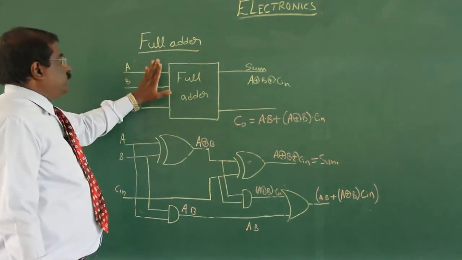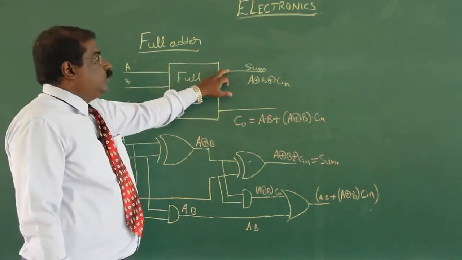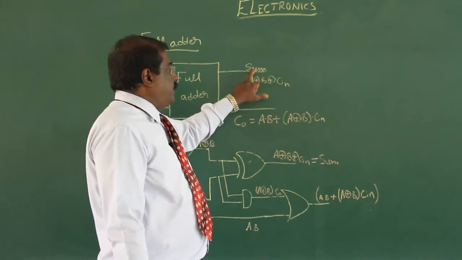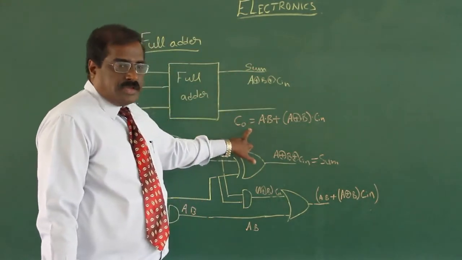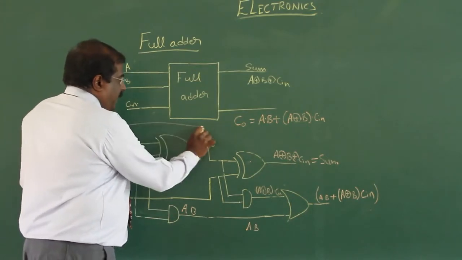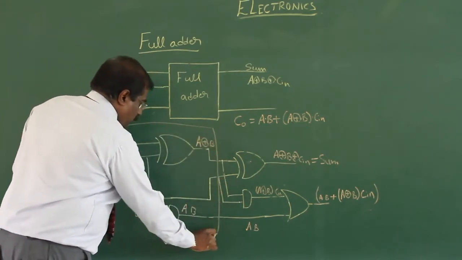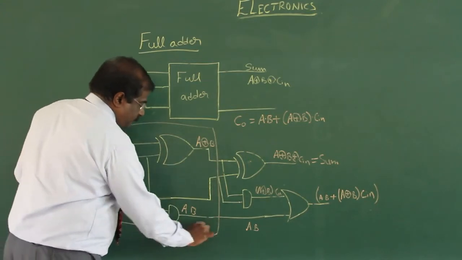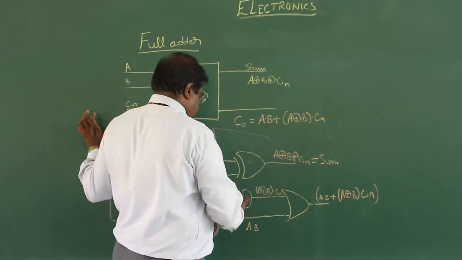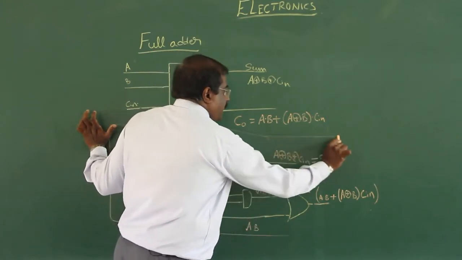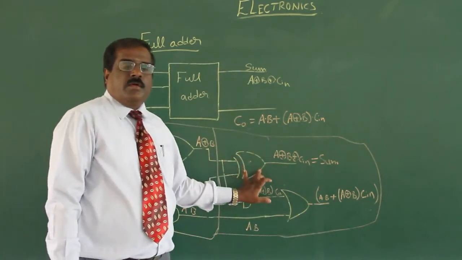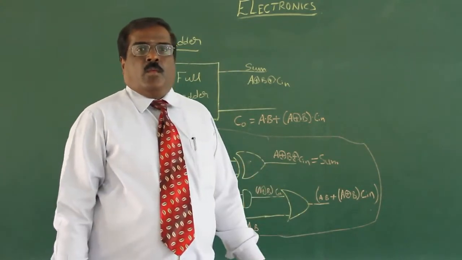How many inputs does it have? 3 inputs and 2 outputs: A, B, C in, and the outputs will be sum and carry. So this one is what we declare as one half adder, and this is another half adder. Both are clubbed together, and what we get is known as one full adder.